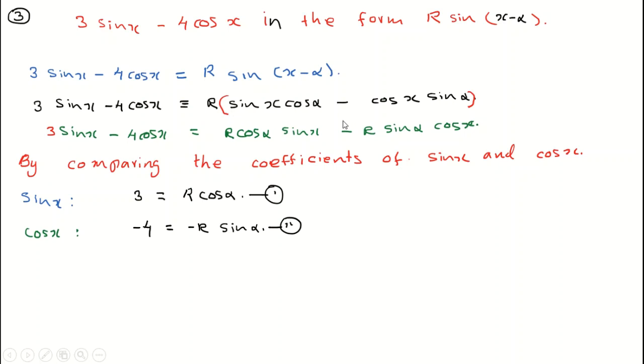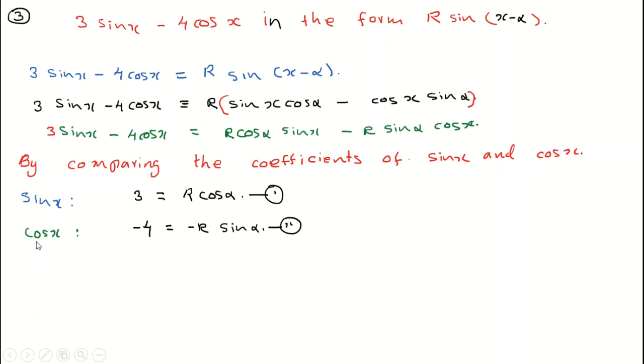Again we expand this. 3 sin x minus 4 cos x is equal to r sin x cos alpha minus cos x sin alpha, that is r cos alpha sin x minus r sin alpha cos x. By comparing the coefficients of sin x and cos x here, the coefficient of sin x on the left hand side is 3, and the coefficient of sin x on the right hand side is r cos alpha.